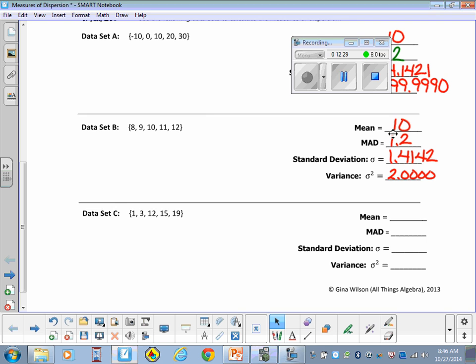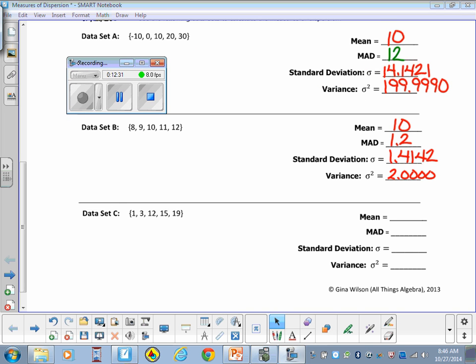So take a look at something here. With data set A, we had a mean of 10 for both of them. But our mean absolute deviation is much, much smaller with the second set of data points than it is with the first set. Look at how spread out they are. Negative 10 all the way up to positive 30. That's pretty spread out.